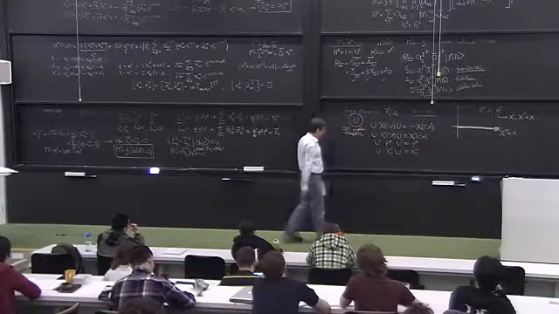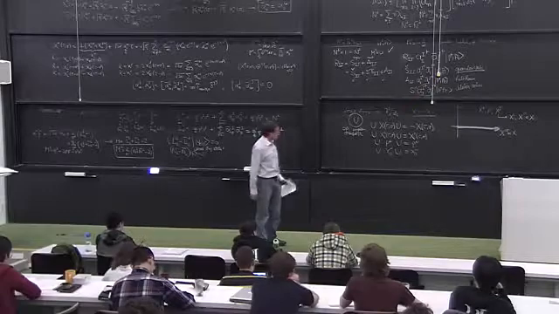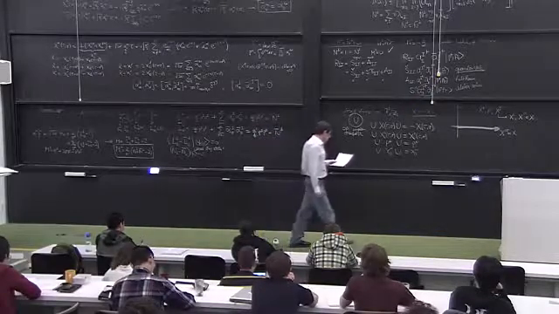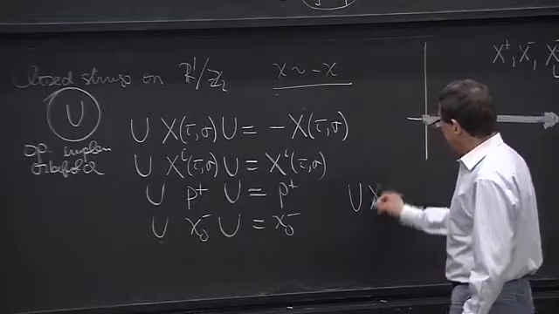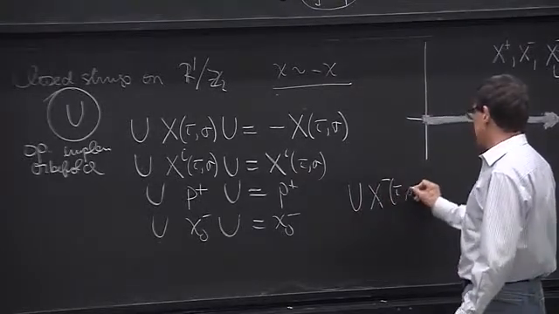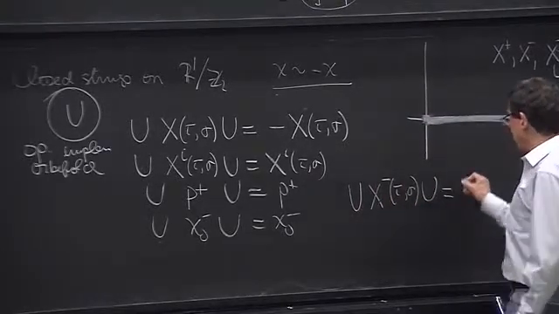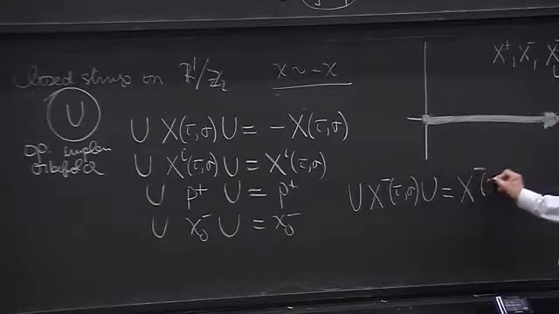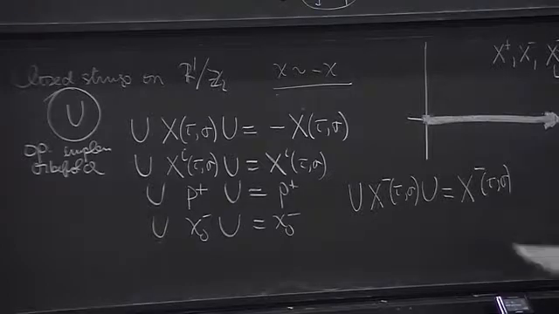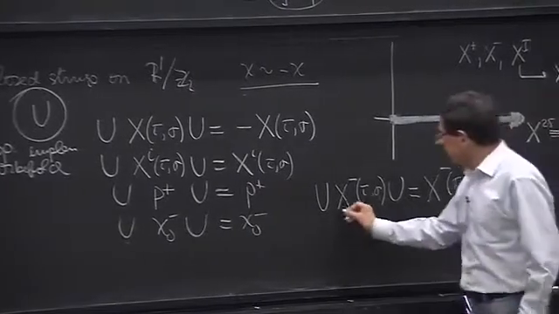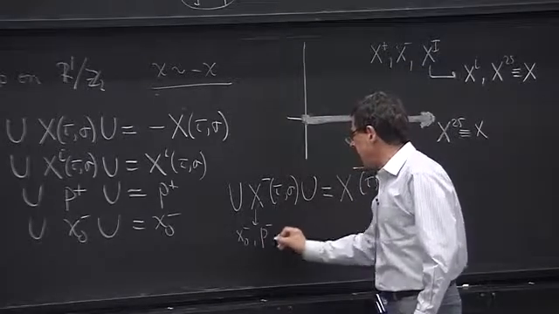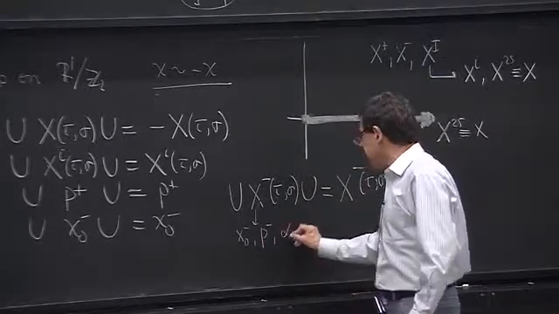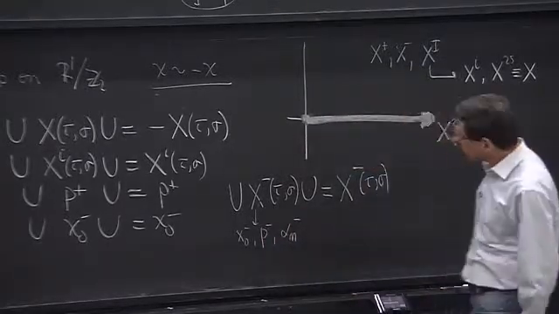It probably shouldn't do anything to it. And the reason it doesn't do anything to x minus, so U x minus of tau and sigma U, we claim, is x minus of tau and sigma. It's because x minus is determined by x0 minus, p minus, and the alpha n minuses.